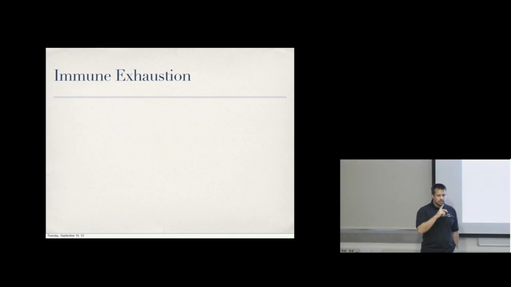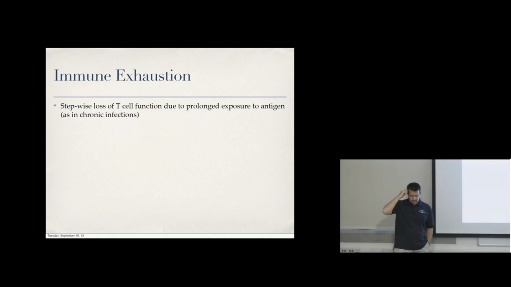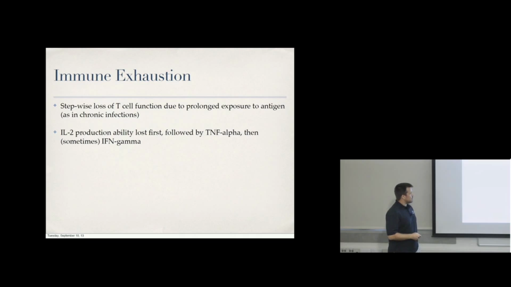And one possible explanation for this comes from the phenomenon of immune exhaustion, which is the stepwise loss of effector function when you have a prolonged exposure to antigens. So if you have a chronic infection, over the course of time, the immune reaction that you're generating against that infection loses some of its abilities. Right? The cells that are involved will start, stepwise, to lose their ability to produce different cytokines that are important for that reaction.